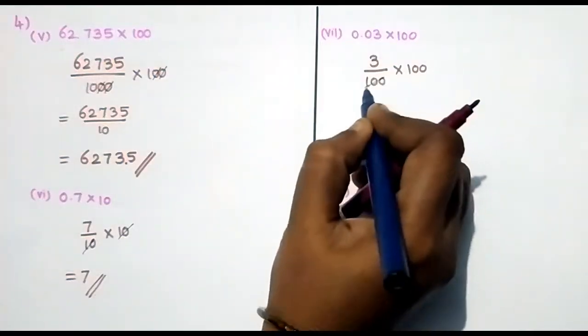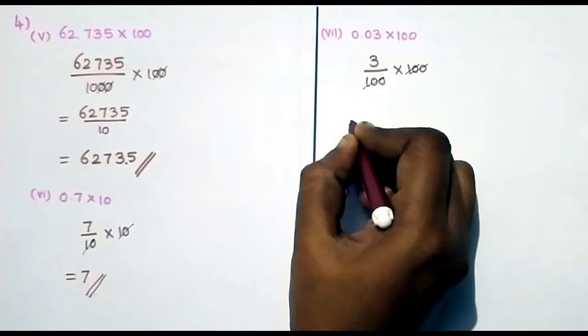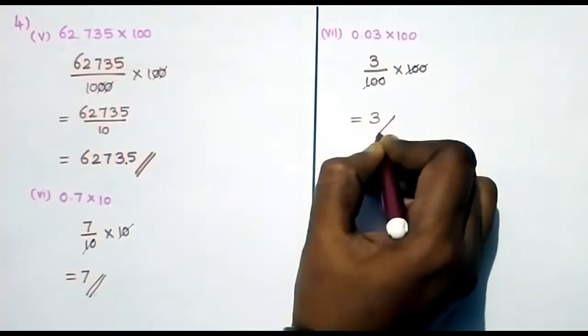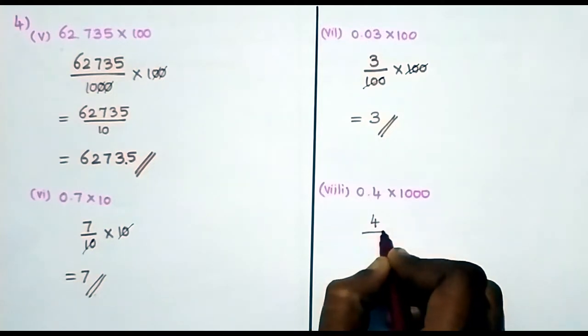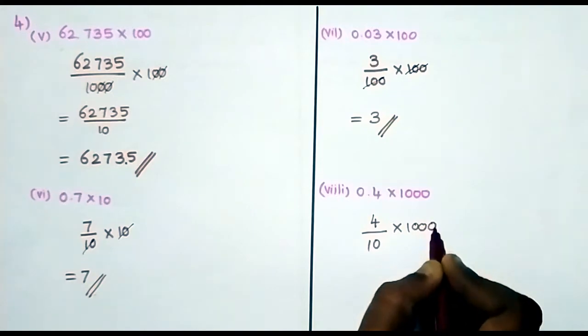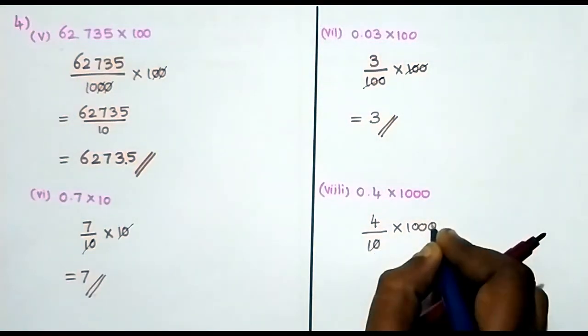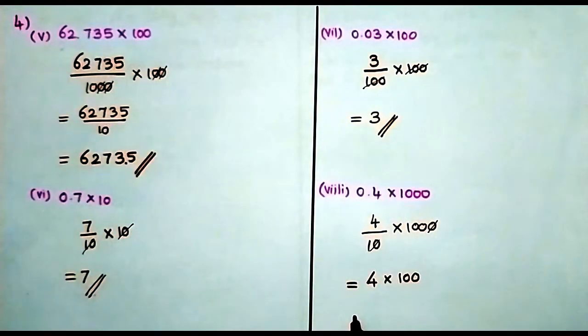So 100 cancelled. Answer 3. Next sum, 4 by 10 into 1000. So 10 gets cancelled. What is the remaining number? 4 into 100. So multiply this, means 4 ones are 4. Put the 2 zeros, means we get 400. That is the answer.